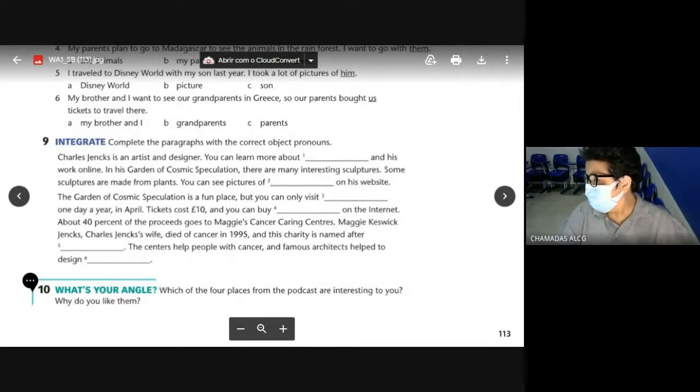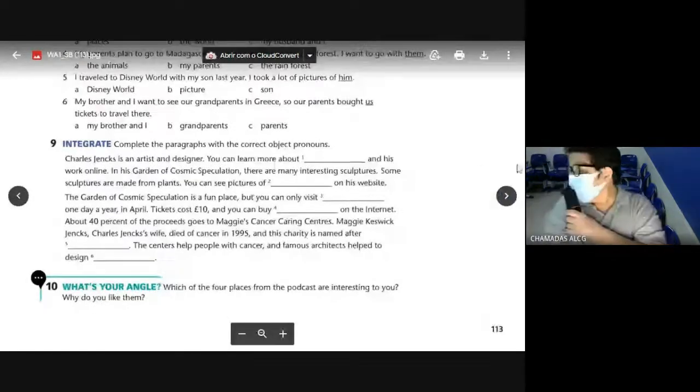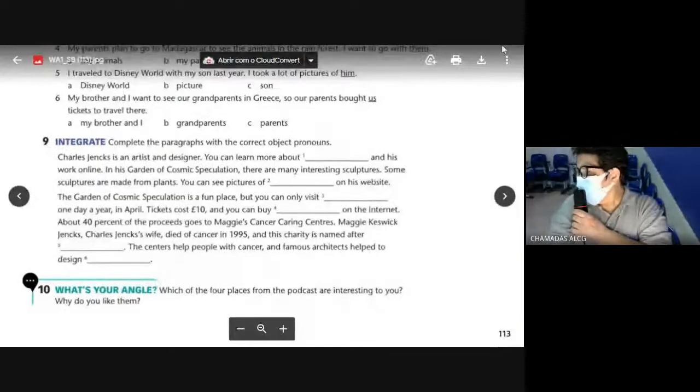Oh gosh. Where is the thingy? Let me try to get this. It's so difficult.